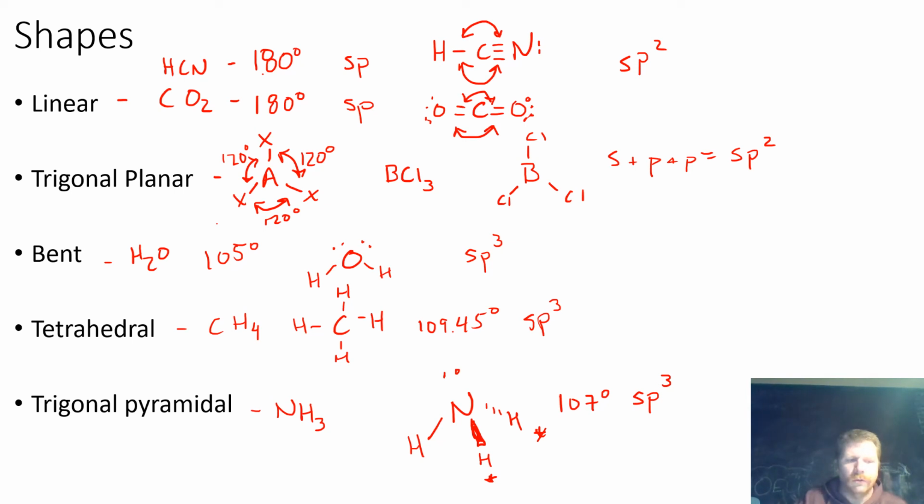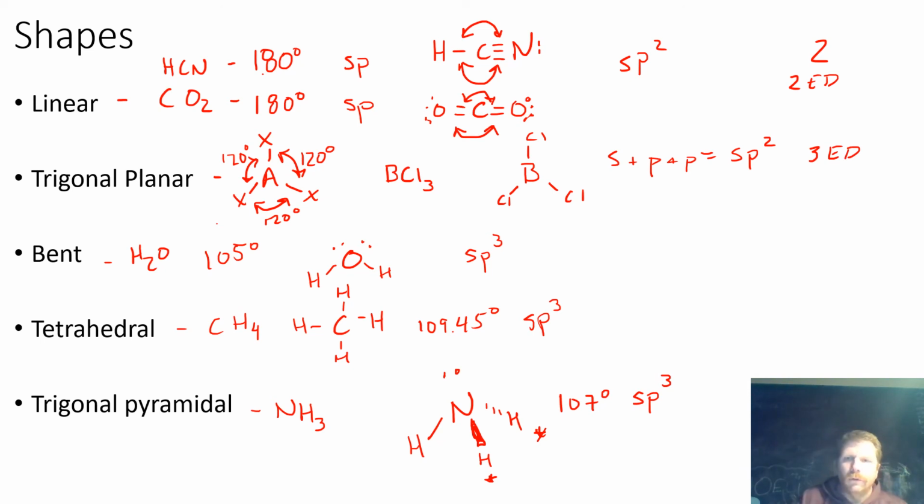With CO2, for instance, we had a total of 2 bonding domains and 0 non-bonding domains. So this is simply 2 electron domains. A trigonal planar molecule is going to have 3 bonding domains and 3 electron domains.